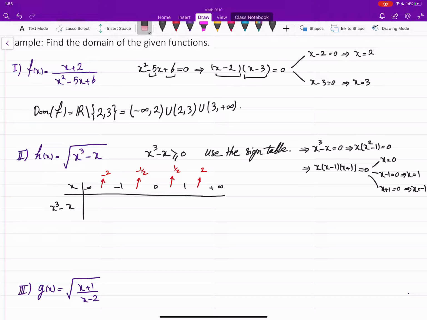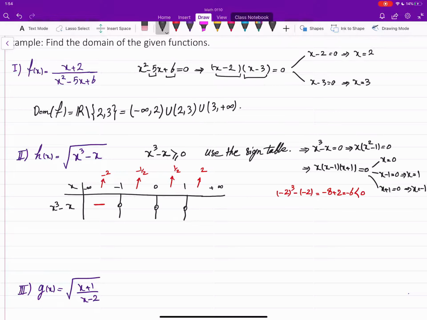So for negative 2, I will do it with the red one. Negative 2 cubed minus negative 2 is negative 8 plus 2, which is negative 6. This is a negative number, which means this piece is negative. We already know that at negative 1 this is 0, at 0 it is 0, at 1 it is 0.